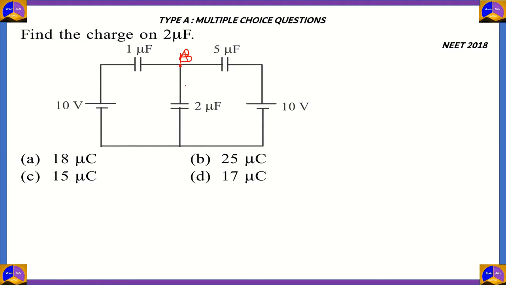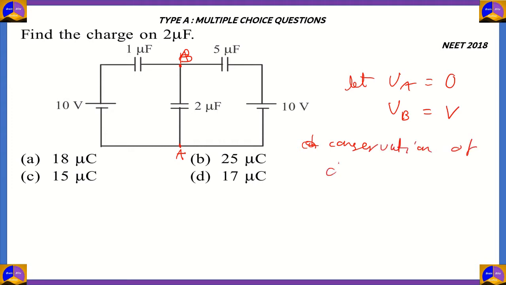And if you take the other side of the 2 microfarad capacitor, you will get point A. Now, let's suppose point A has a potential of 0 and point B has a potential, say, V. We're now going to use the conservation of charge in this question.